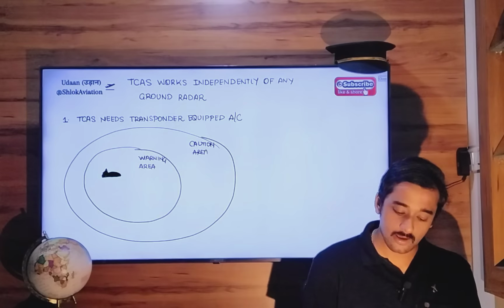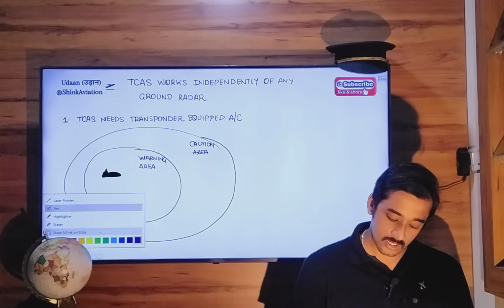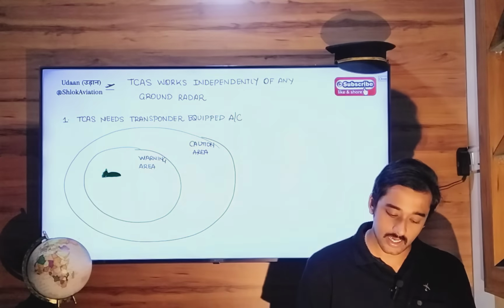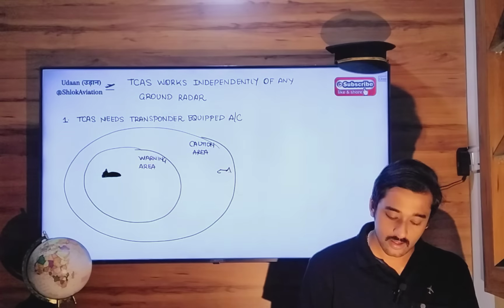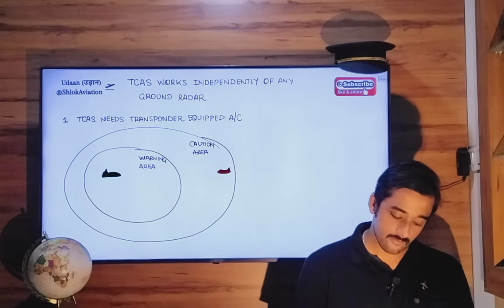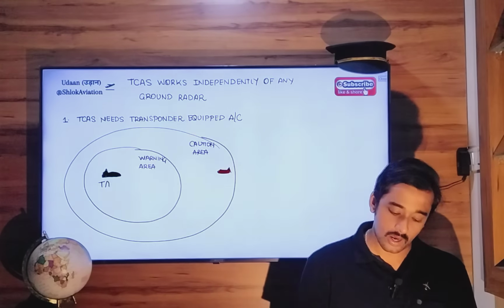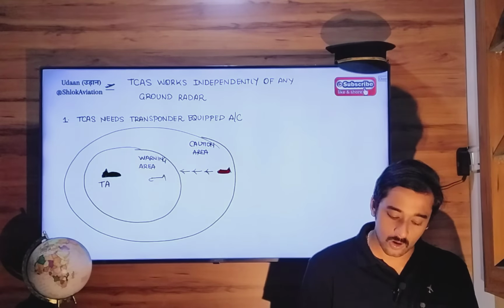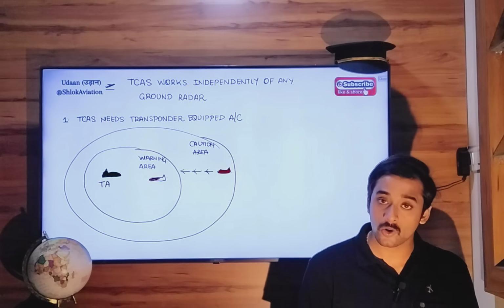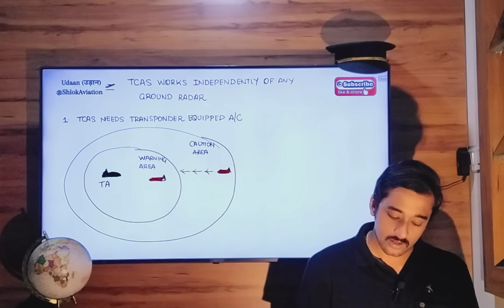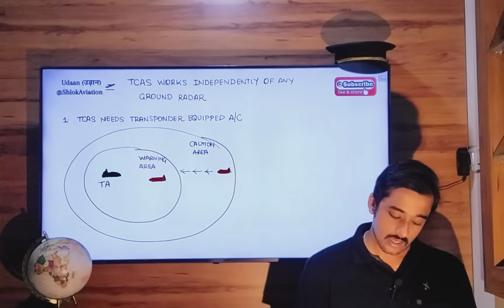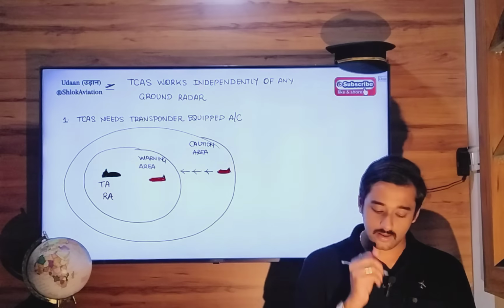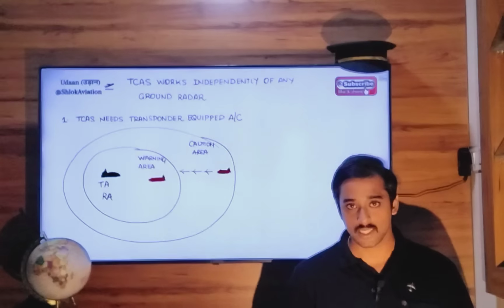If any traffic penetrates the outer bubble, let's say here, your aircraft will generate a traffic advisory. If this aircraft continues its forward movement and enters the inner bubble called warning area or collision area, your TCAS will generate a resolution advisory.